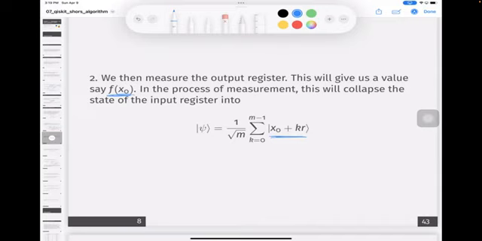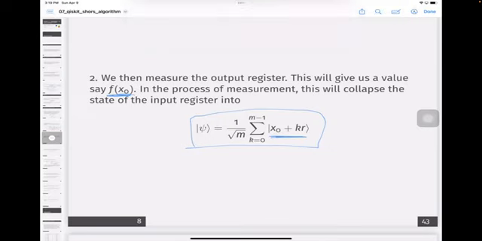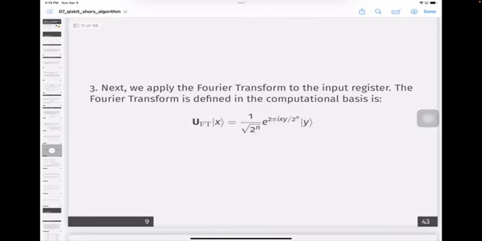So these are the corresponding states. So once your input register is in this superposition, the next thing you do is to apply the quantum Fourier transform to the input register.